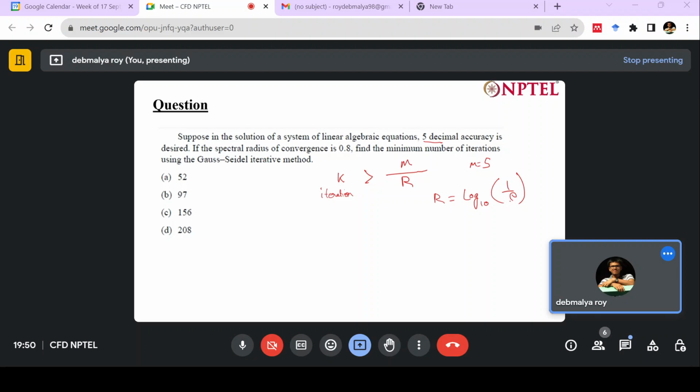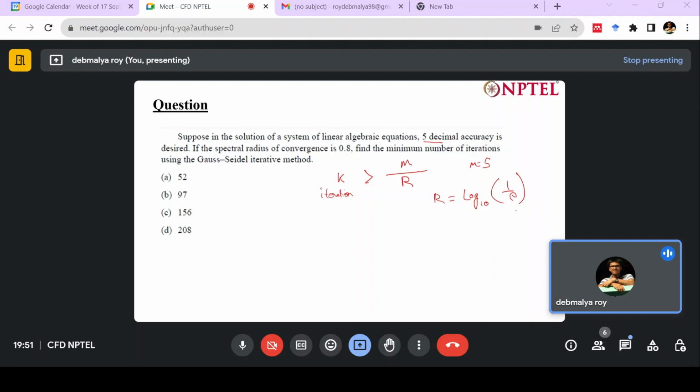So if the spectral radius is large, then what would happen to this logarithm? The logarithm will be small. If rho is large, then the logarithm will be small, and that would lead to a smaller rate of convergence.